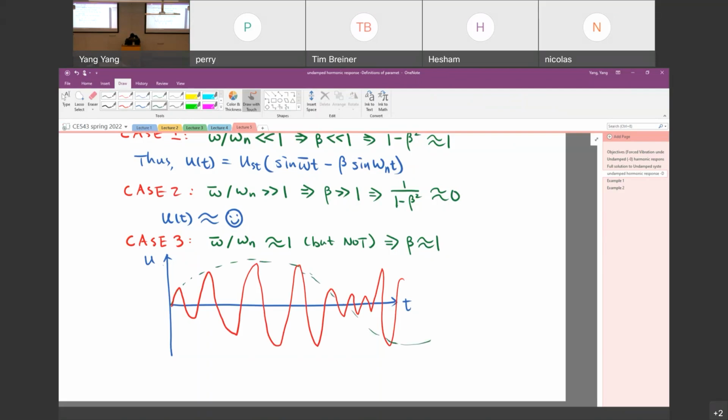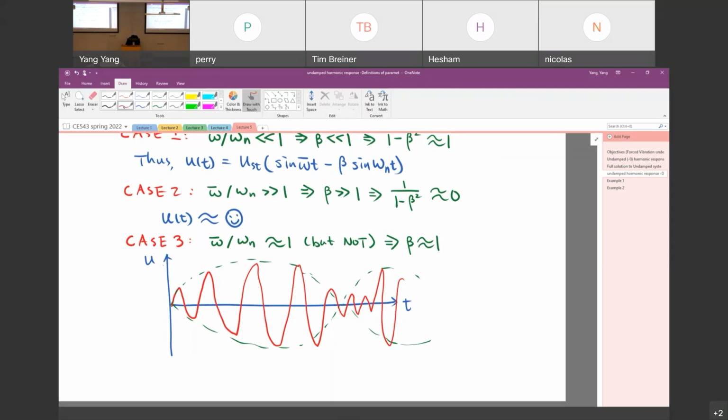So the envelope of the amplitude is pretty much like this. It's like the DNA. Is that sine of x? Yeah.